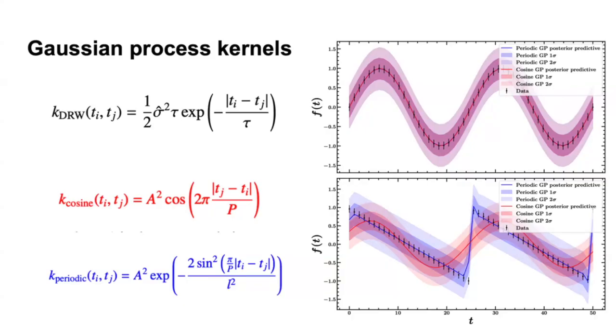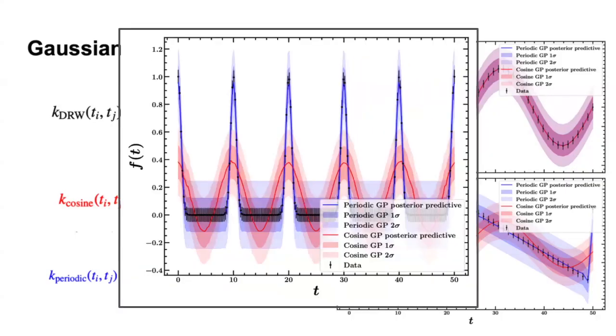Also, just to show you another example, I said that for the gravitational self-lensing, we expect rapid flares. And you can see again that the cosine kernel gets the right period but the wrong shape, while our new kernel, our new covariance function, can also describe such rapid changes.